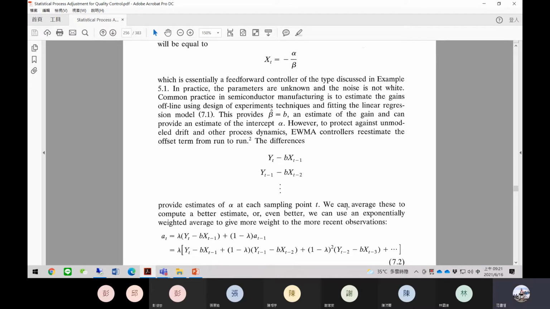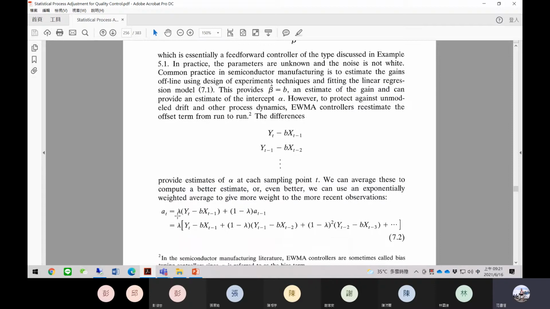So we can average those statistics to compute a better estimate. Or even better, we like to use an exponentially weighted moving average to give more weight to more recent observations like this.